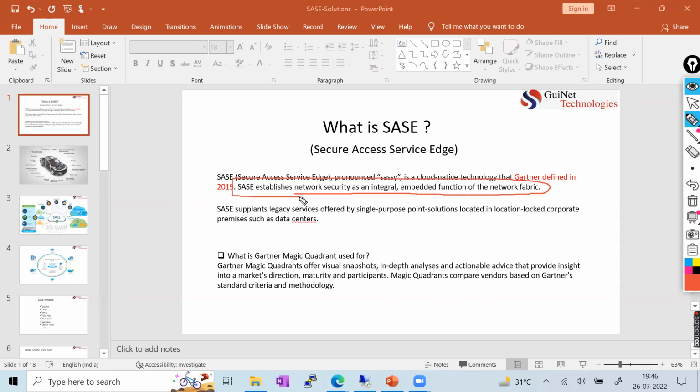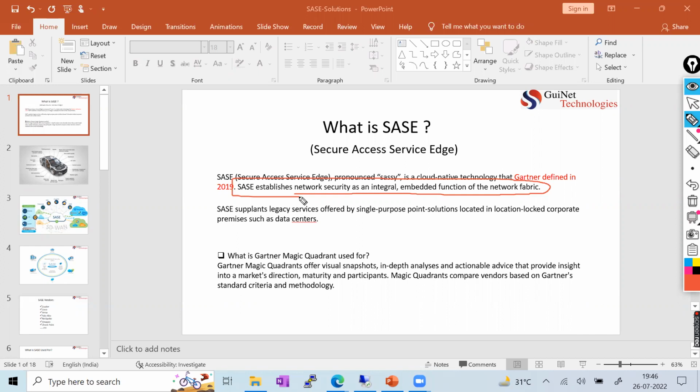That means whatever communication you are doing throughout your network, someone should be responsible for making sure it is secure and not compromised. You should not upload or download any information from the internet which is vulnerable or malicious, or has exploits. SASE is the framework that makes sure those things do not happen.